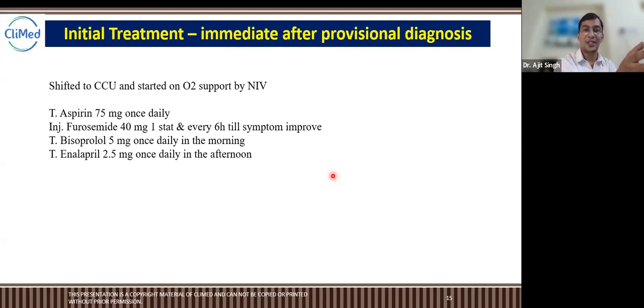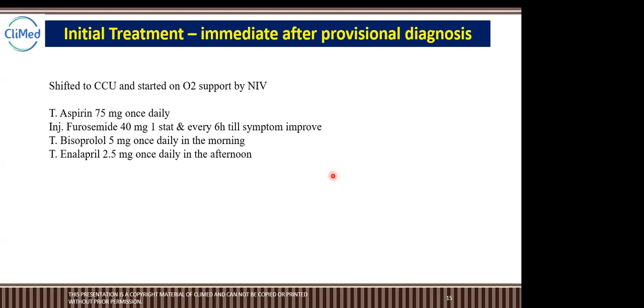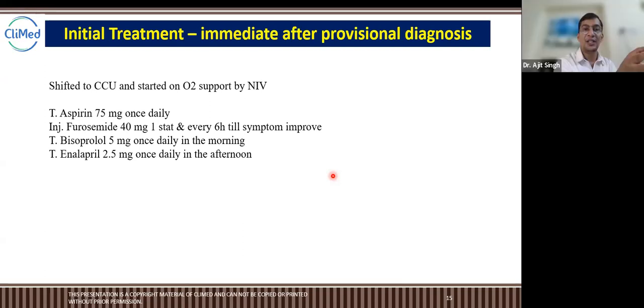So these are all given together, because the patient is in the acute phase right now. Not only furosemide, but along with furosemide, bisoprolol and enalapril. Enalapril was newly introduced along with bisoprolol, at a lower dose.